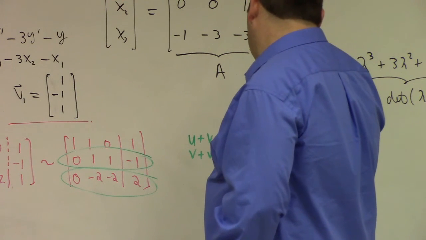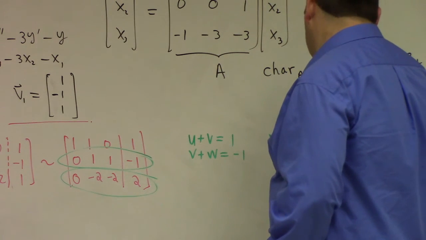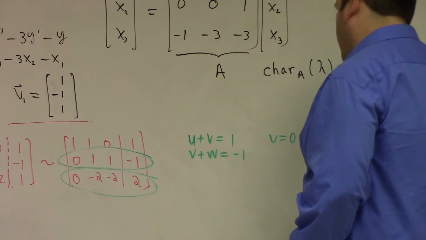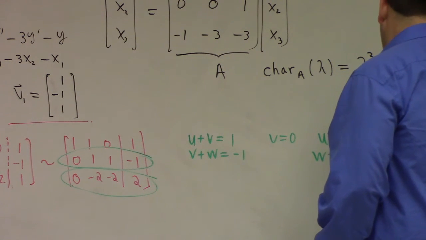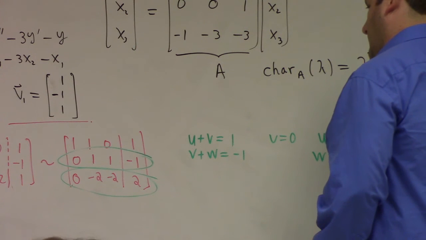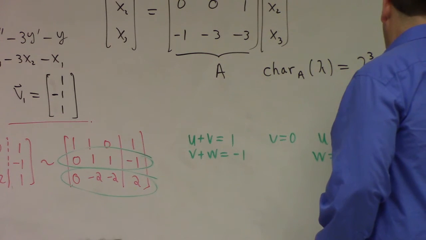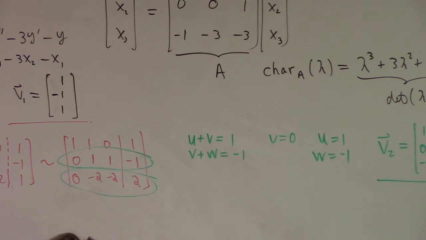Why don't we just set v equals 0 for our convenience? If we set v equals 0, we'll get u is equal to 1, w is equal to minus 1. Bam, we're done. v2 is equal to, what did I just say? 1, 0, minus 1. There's my generalized eigenvector of order 2.